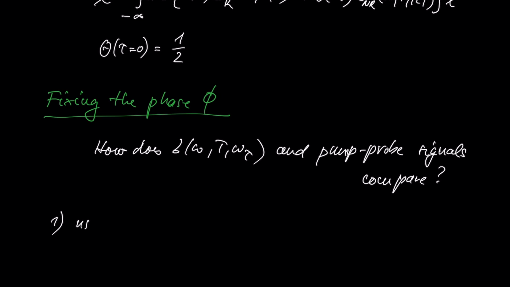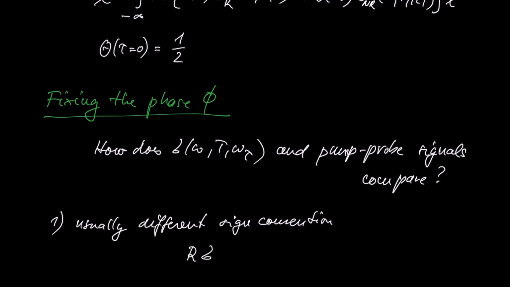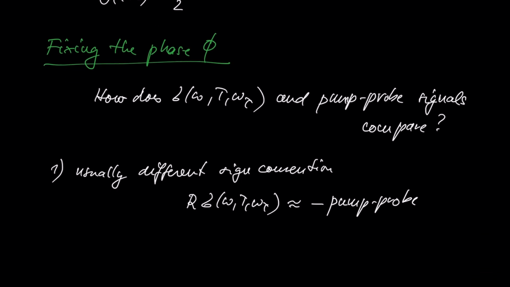So usually there is a different sign convention between the two. If we take the real part of sigma(omega_t, omega_tau), this is roughly minus the pump probe spectrum, roughly.